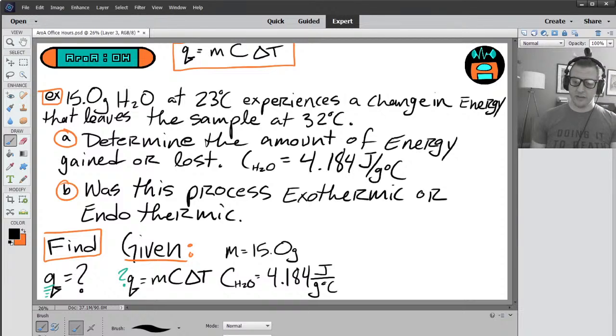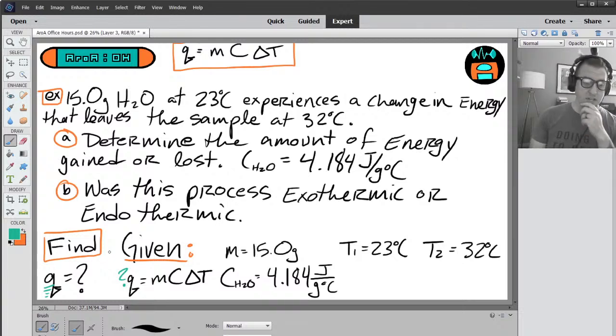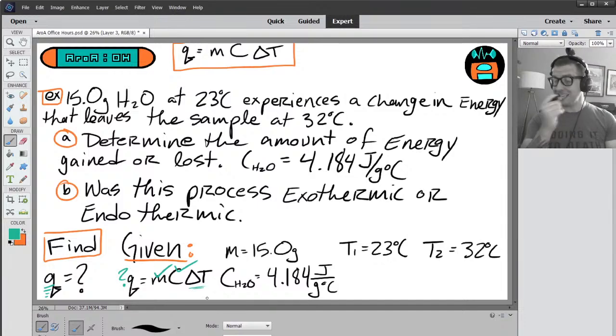But then, what's interesting is we're given two temperatures. We're told that our initial temperature is 23 degrees Celsius and our final temperature is 32 degrees Celsius. Now, when you look at this equation, we're given mass, we're given C, but you may be wondering, okay, well, what temperature do we use for ΔT? And the answer is neither.